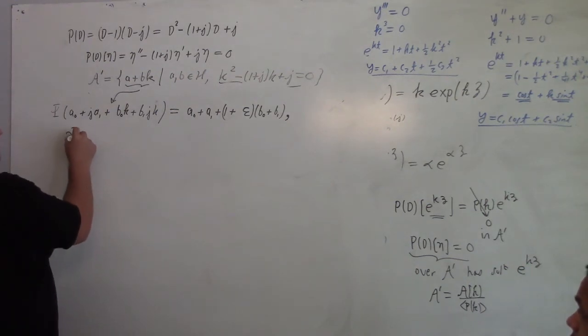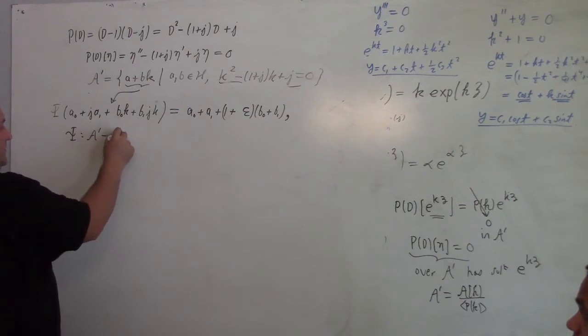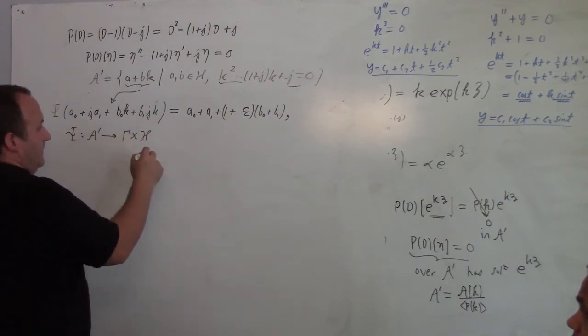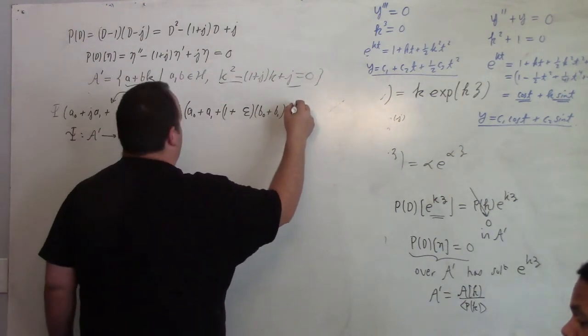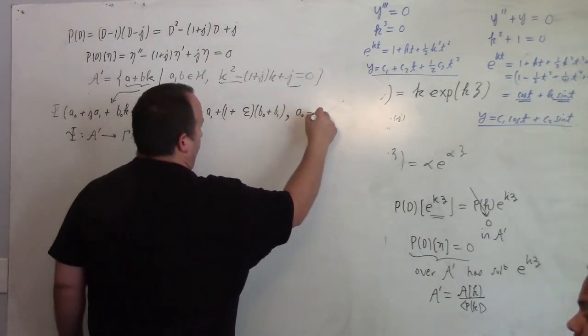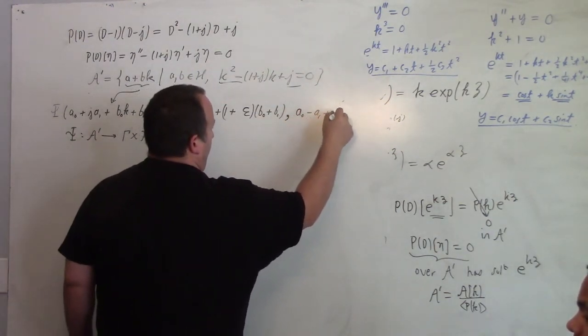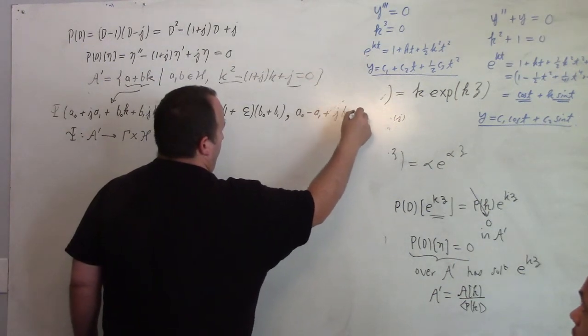Psi is from A prime to... Okay, so this is the first component of it, and the second one is A naught minus A1 plus J times B naught minus B1.